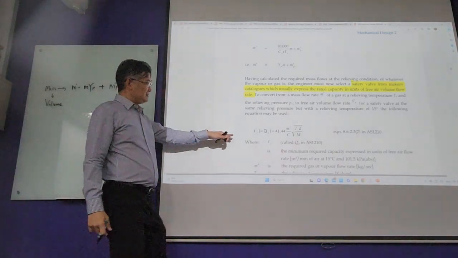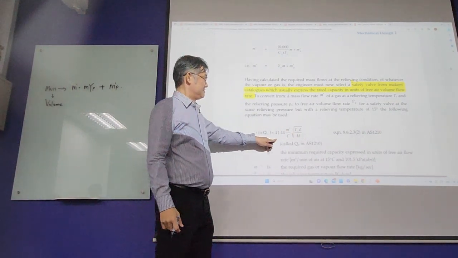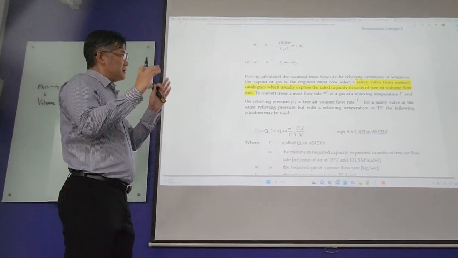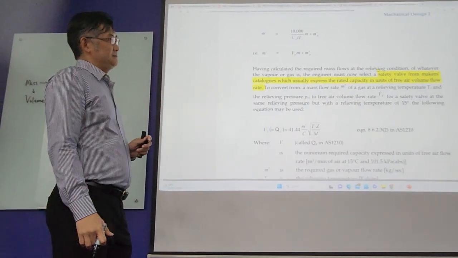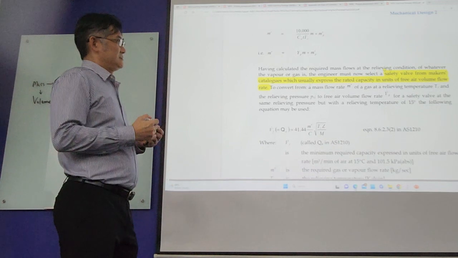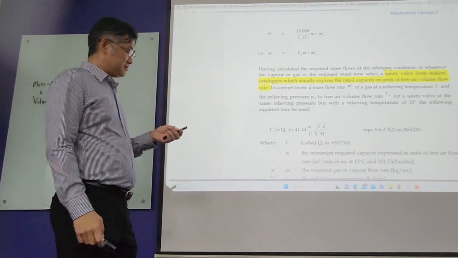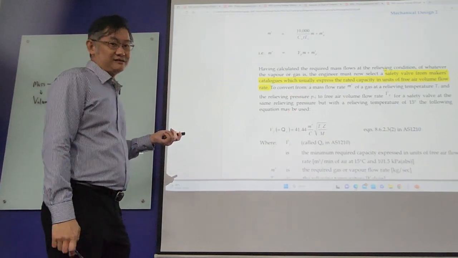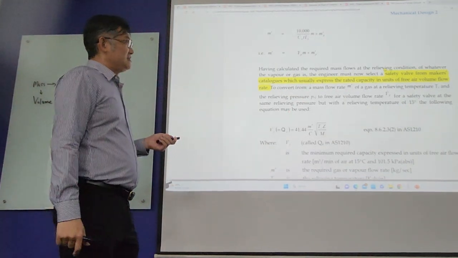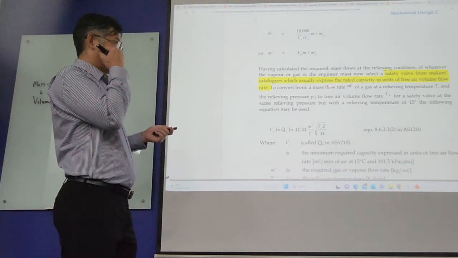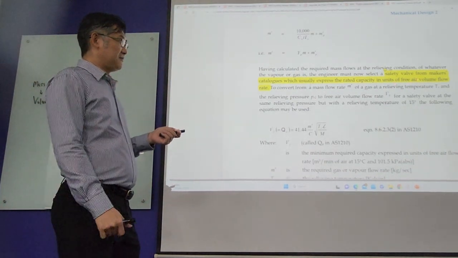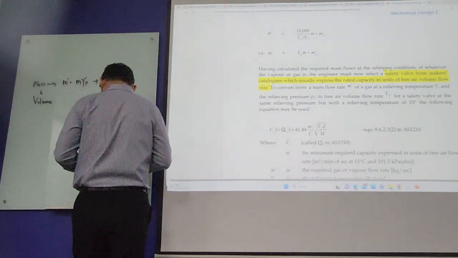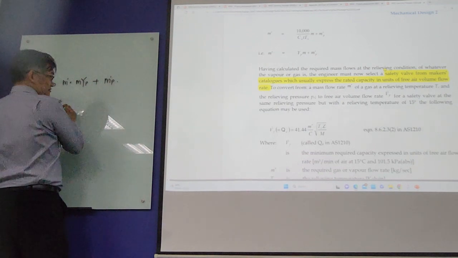So we use this formula to convert the mass flow into the volume flow rate, because according to this safety device catalog, they use volume flow rate when they design the safety device. They call this the free air volume flow rate. By using this formula, we are able to find out the volume.